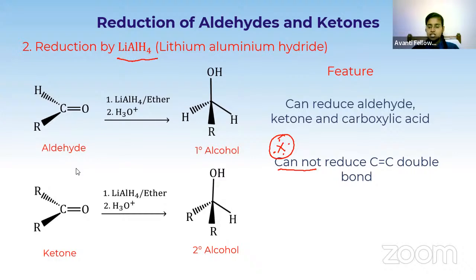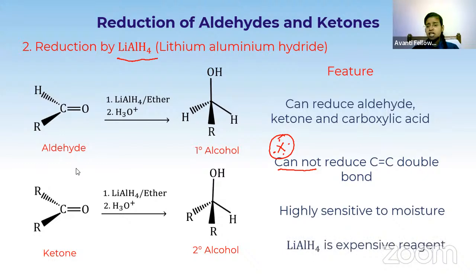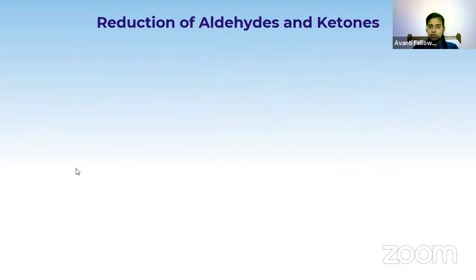And thirdly, it is very highly sensitive to moisture and it is a very expensive reagent. Very costly reagent it is. They can reduce aldehyde, ketone and acid, but not the carbon-carbon double bond. Okay. This is about LiAlH4.